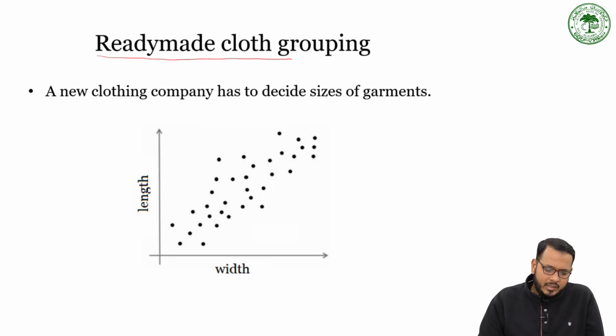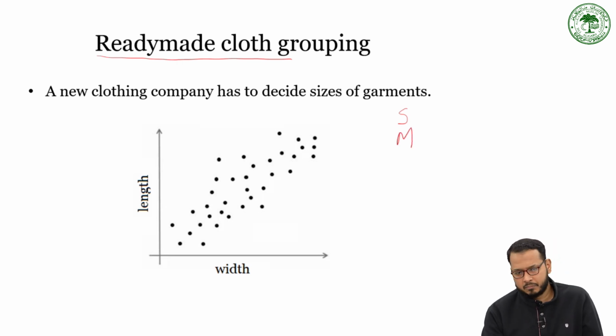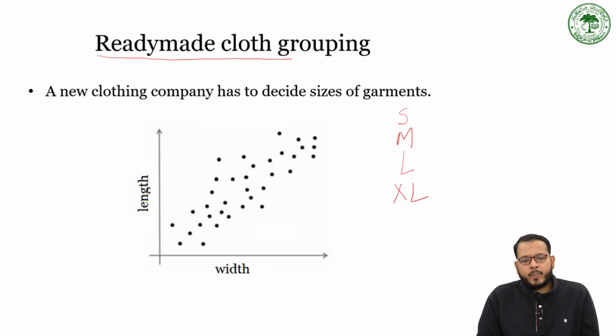That is, if this clothing company is making t-shirts, then it has to decide what the length and width of size small should be, what the size of group M should be, the length and width of size L, XL, and so on.